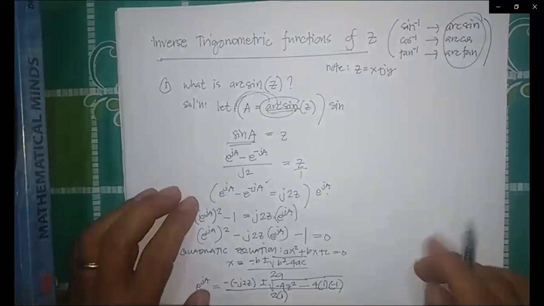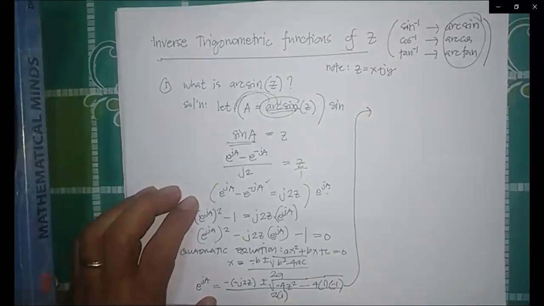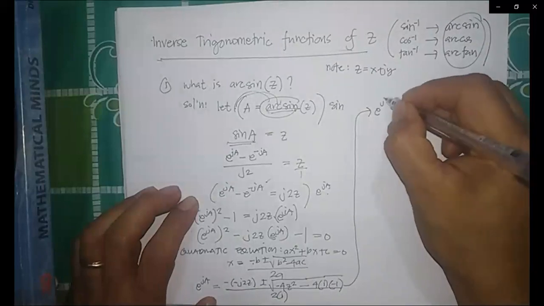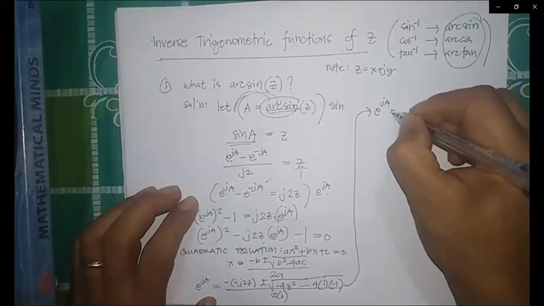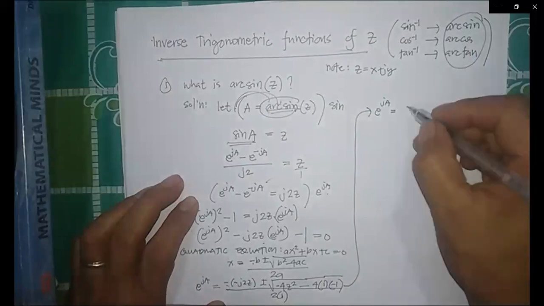So that is now your value of e raised to ja. Now we are going to simplify the numerator first by multiplying negative 2.